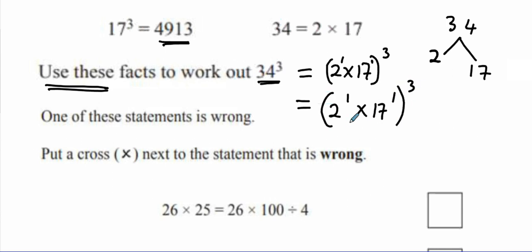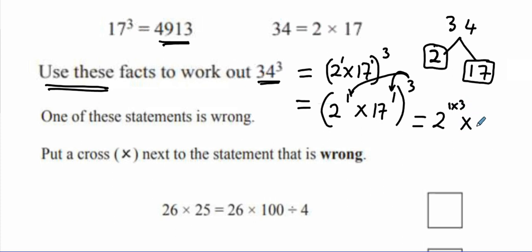See that? 2 to the power of 1 means you have only one 2, and 17 to the power of 1 means you have only one 17 in the factor 3. So how do we move from here? This 3 multiplies by 1, and the same 3 multiplies by 1 here. So the result will be equal to 2 to the power of 1 times 3, then times 17 to the power of 1 times 3.